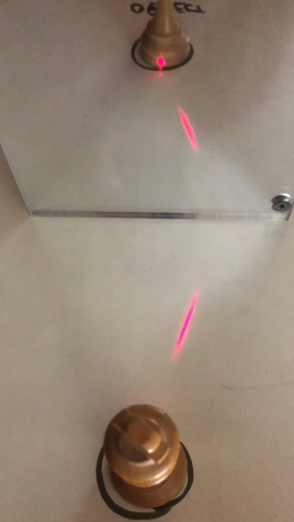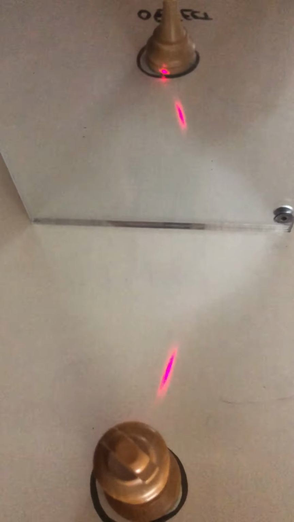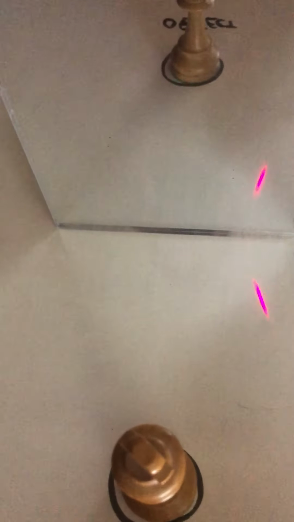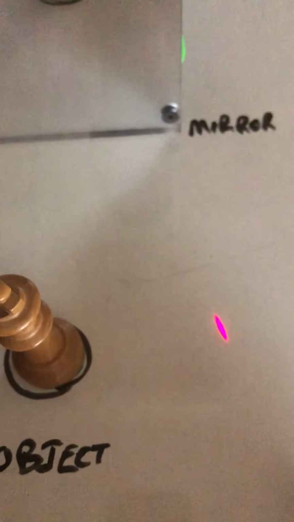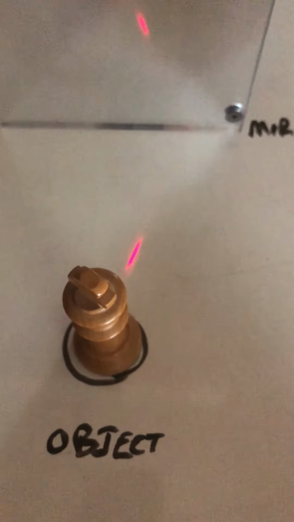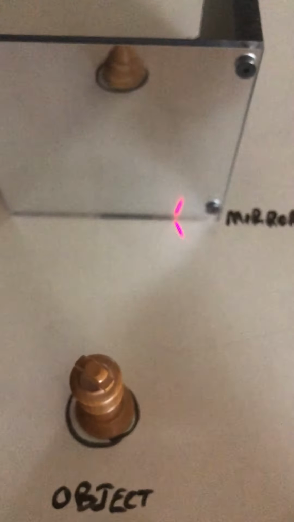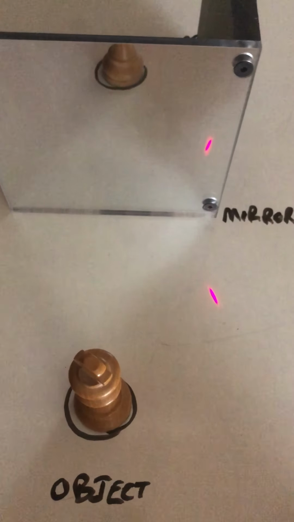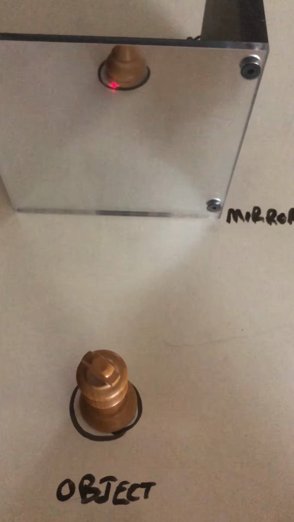But obviously what the laser is really doing is bouncing off the mirror and hitting the real chess piece. So if I line it up to see the image, it's actually hitting the object. And that shows us the law of reflection, as I'll show you in a second, with the angle of incidence equals the angle of reflection.